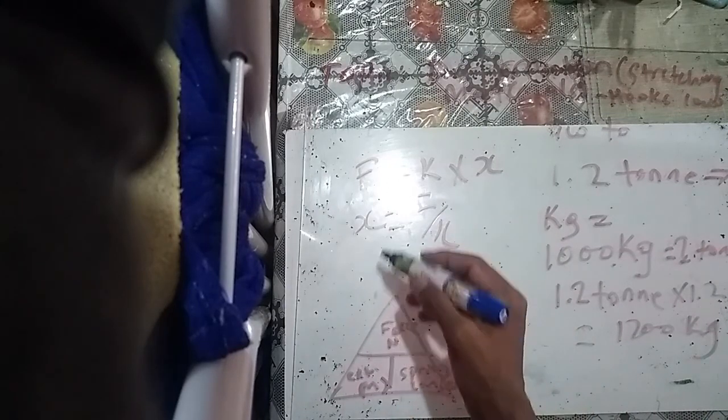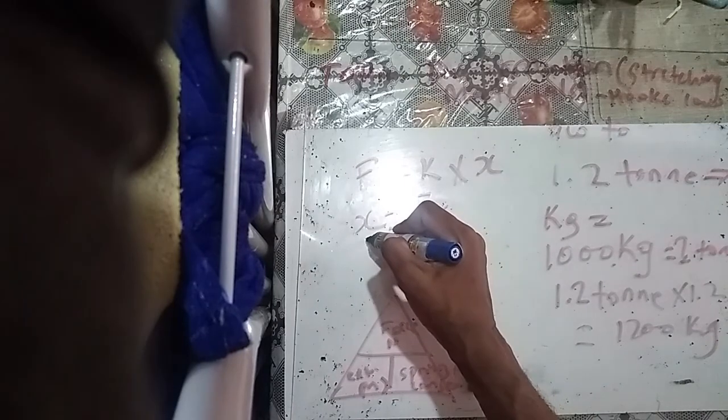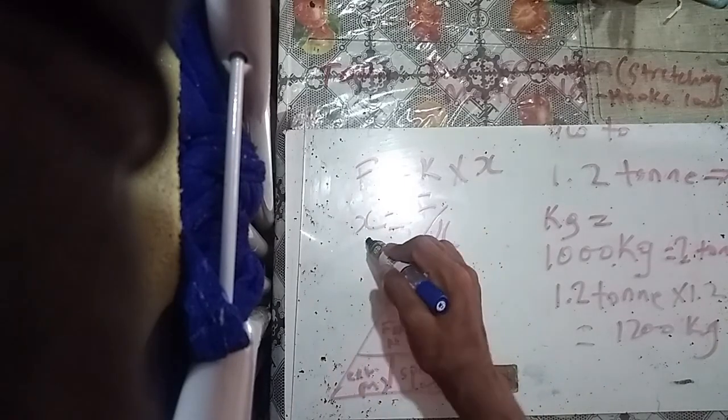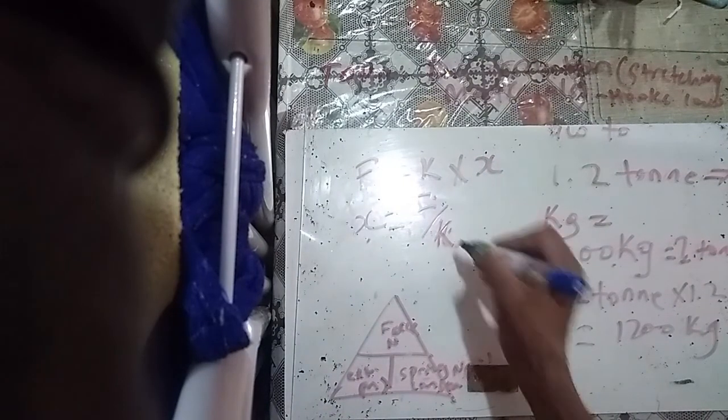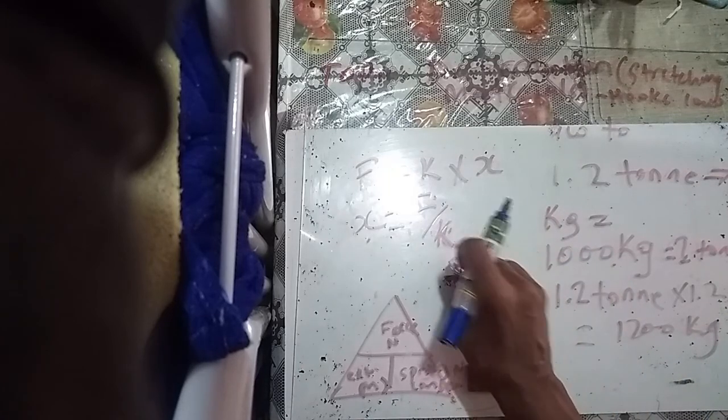We summarize that as extension, which we place as x, is equal to the force over spring constant k. So we can't just go ahead and use mass. Kilogram measures mass. I need my weight, and my weight is the force. The force here is going to be the weight of the vehicle.